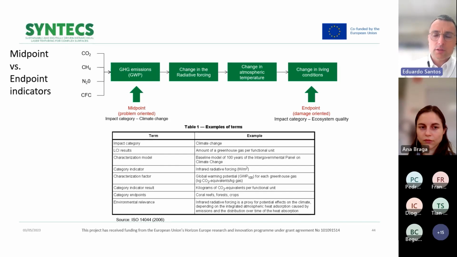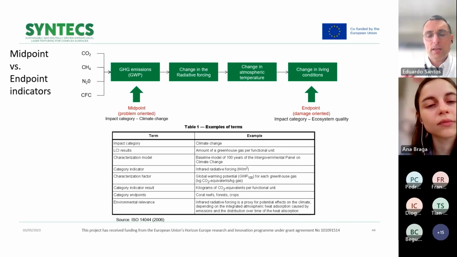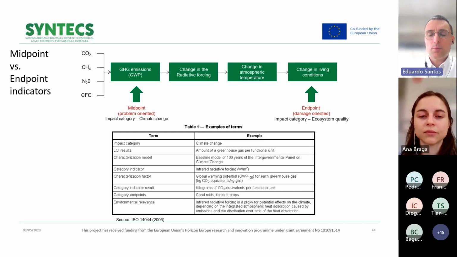A lot of sea coastal areas are lost. They cannot be used for living purposes anymore. And so this tries to convey to units that we can be in touch with more easily, so we can have sensitivity to them. And in that case, we will have endpoint indicators, which are oriented for damage rather than just the original problem.